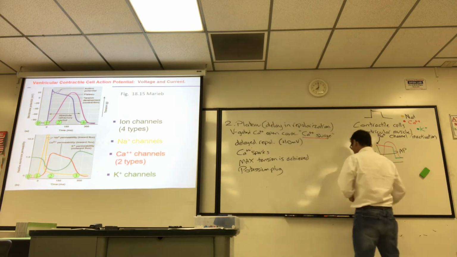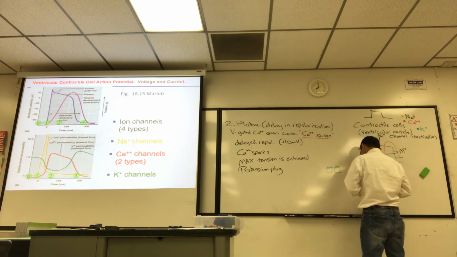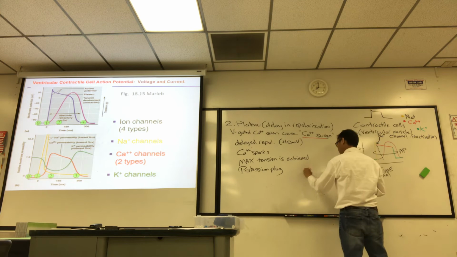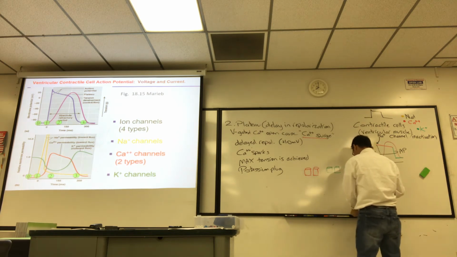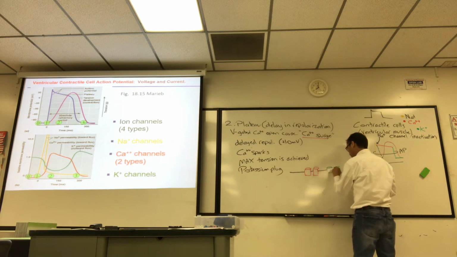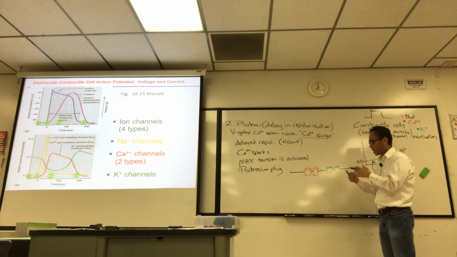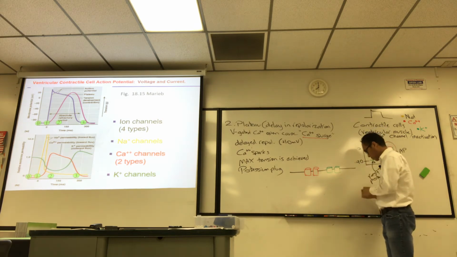So let's remember, I'm going to draw a couple of potassium channels, green, right? I'll draw a couple of voltage-gated calcium channels right next to it, just to get you to think about this stuff. They're all embedded in the cell membrane. Remember, if the gate is open, calcium will enter the cell.